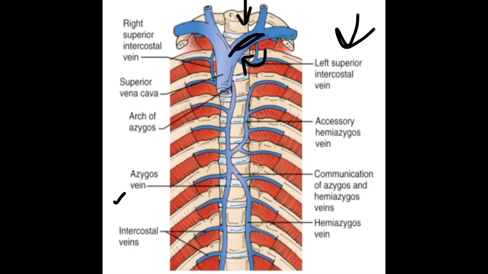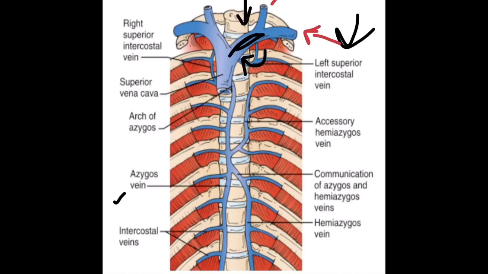Because you can see it clearly over here that this is the left subclavian vein, this is the left internal jugular vein, and they combine to form the left brachiocephalic vein. Okay, and from here we're getting the right brachiocephalic vein, which is draining into the superior vena cava. So in total, this is the azygous venous system.